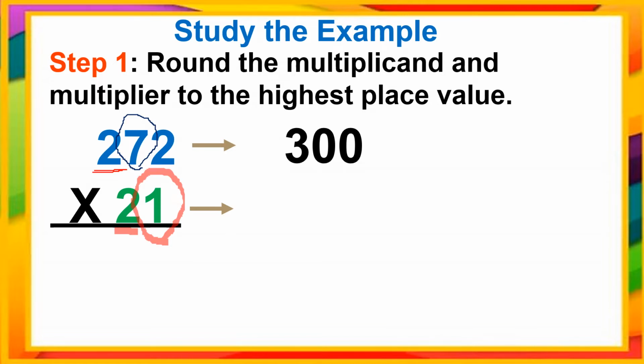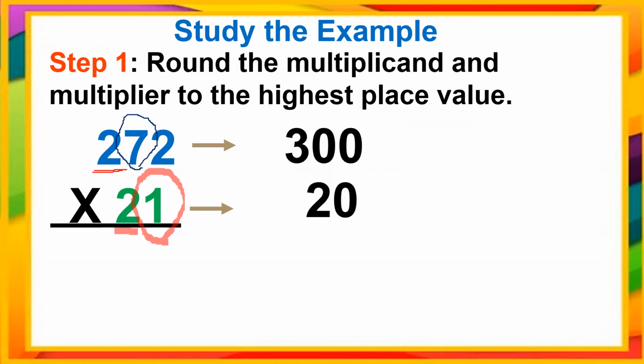Since that 1 is the number at the right of 2, what does it mean? Are we going to round up or round down? Very good. We're going to round down. Always remember that if the number at the right of the number to be rounded is 0, 1, 2, 3, and 4, it means that you're going to round down. So 21 rounded to the nearest tens will become 20.